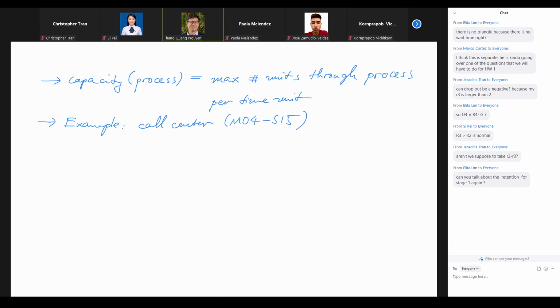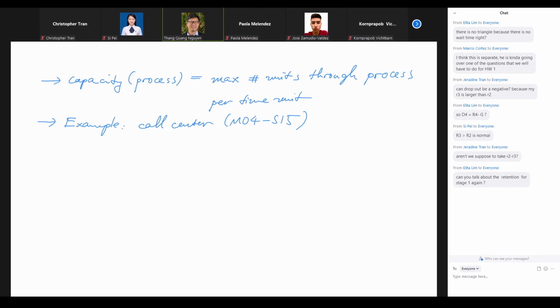Question 2, what is the capacity of the call center? Question 3, what is the capacity of the call center if 2 additional operators are hired? Right. So yeah, there are a lot of questions here, and they sound the same. So let me draw a picture, and then we can differentiate among the questions.